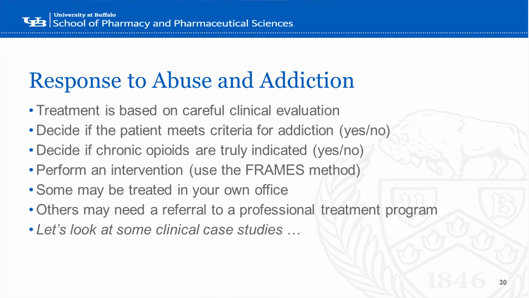Decide if the patient meets criteria for addiction, yes or no. Decide if chronic opioids are truly indicated for the underlying medical condition. Perform some sort of intervention, such as the FRAMES method, which we'll talk about a little bit more later. Some of these patients may be treated in your own office. Others may need a referral to a professional treatment program. And we'll look at some clinical studies here.